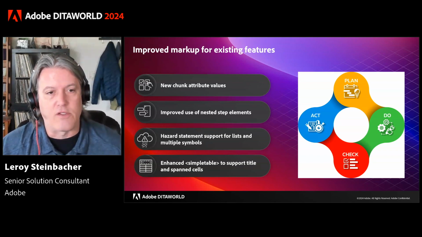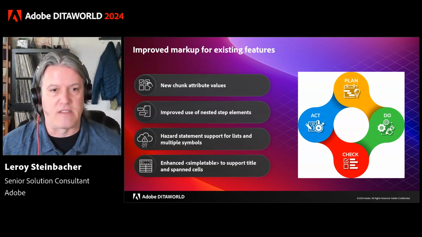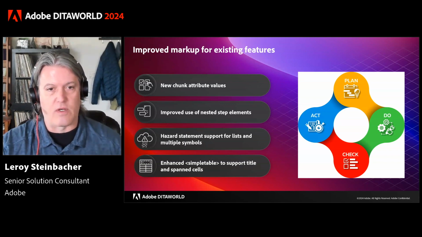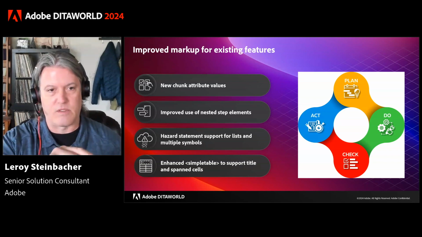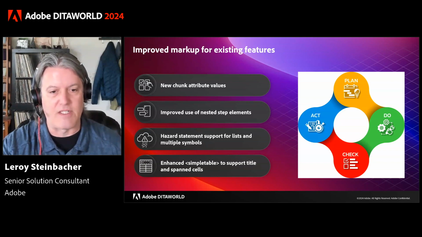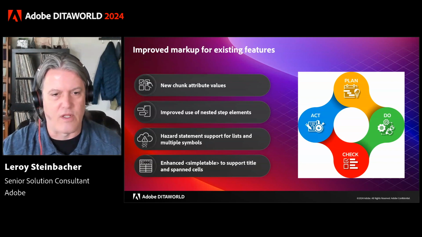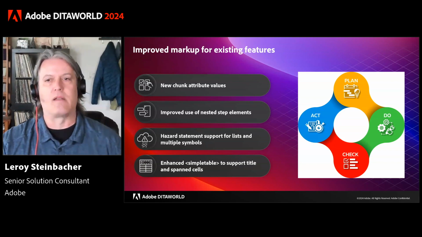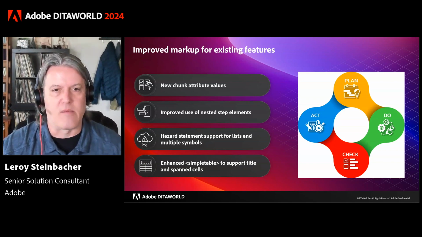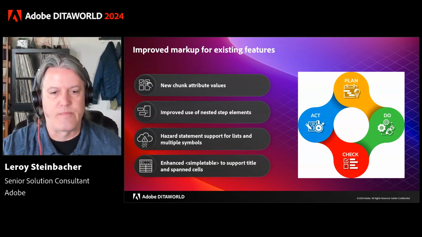You're also going to be able to span cells. So let's say you want to span a couple rows, you can do that. Or let's say you want to span some content across columns, you can do that as well in a much easier way than you currently do within the CALS table model. And we'll take a look at an example of that as well.